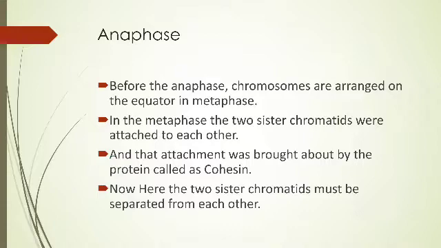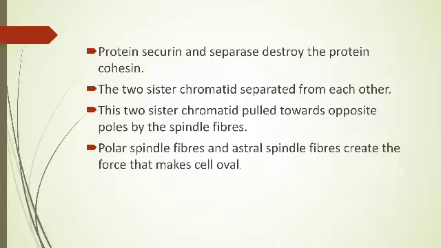That attachment was brought about by the protein called cohesin. Just before, I told you the two sister chromatids are connected to each other by the protein cohesin. And in this anaphase, both these sister chromatids must be separated from each other. So they are going to separate over here. As I told just now, the proteins securin and separase destroy the protein cohesin.